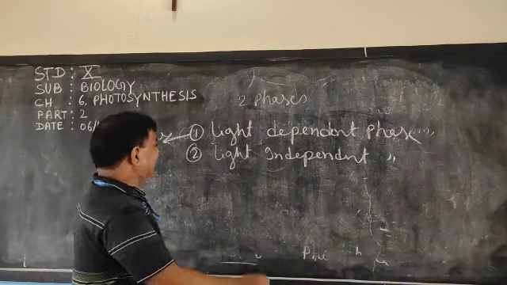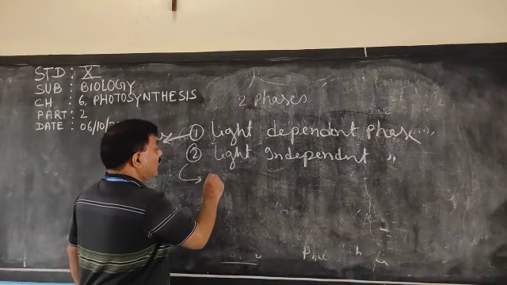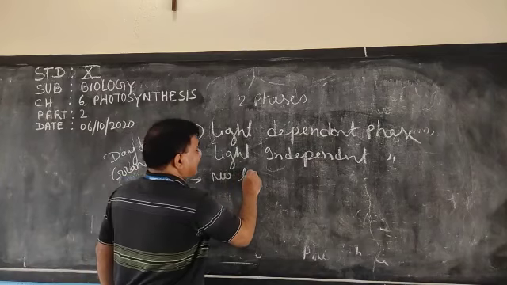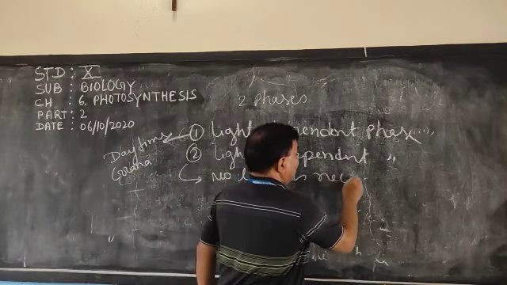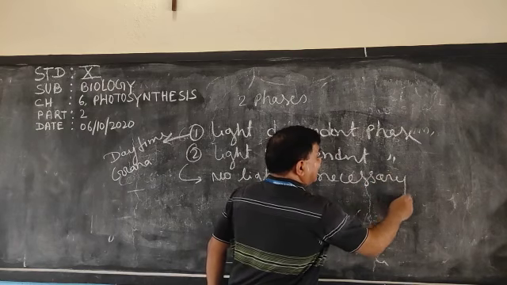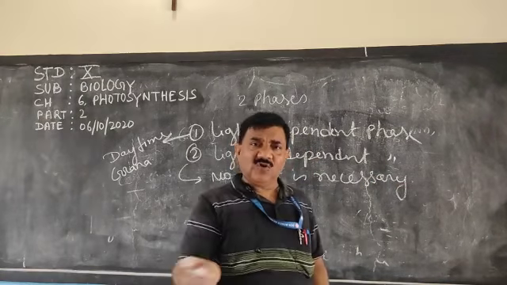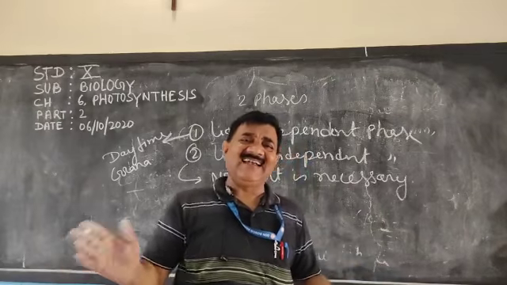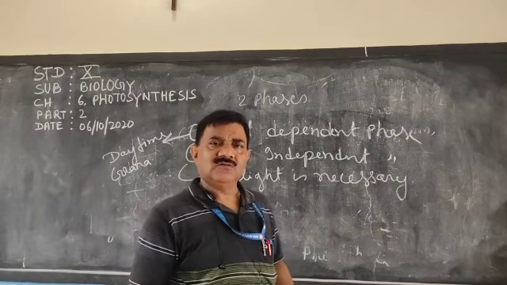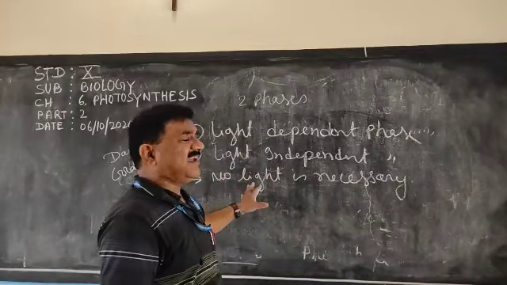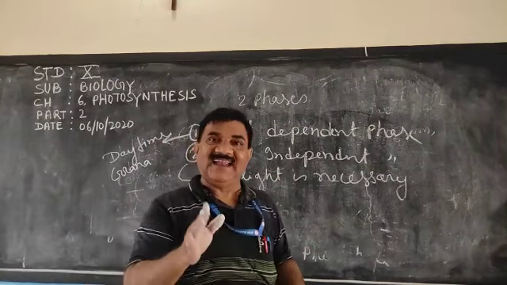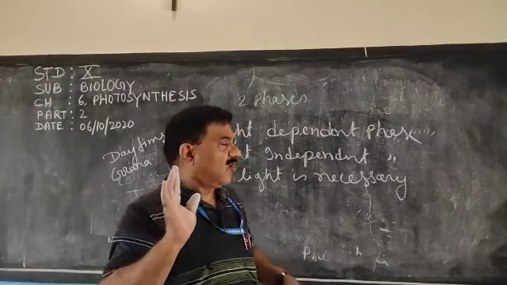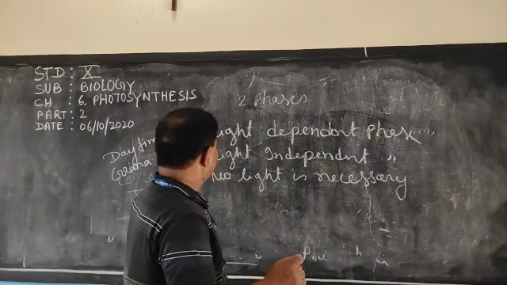And for the light independent phase, no light is necessary. It means it will take place during night time? No. During day and night, both it will take place, but it will not require light, so it is called the light independent phase.